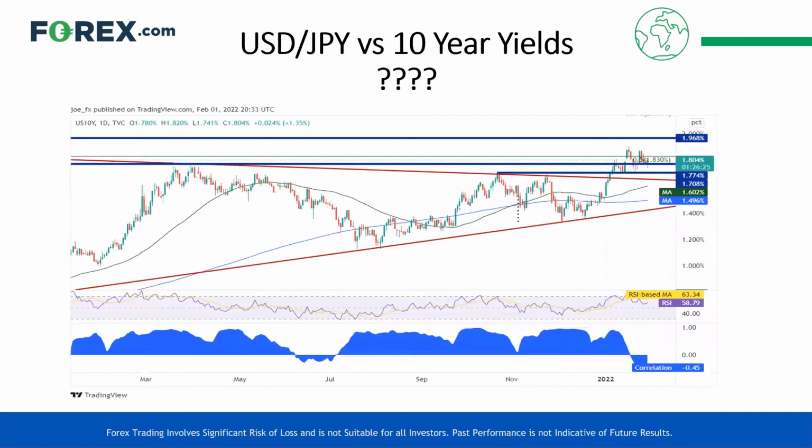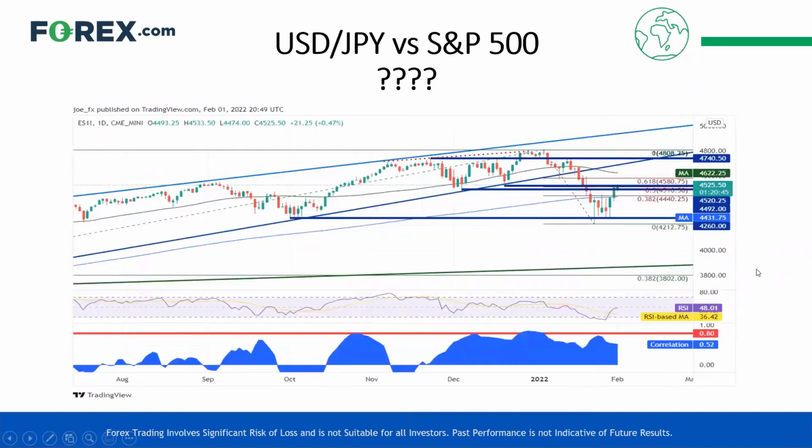And here, a lot of people talk about dollar yen, right? Look at it lately. It was statistically relevant for a long time. Beginning in 2022, you can't look at dollar yen and trade it with yields anymore. Same with the S&P 500.